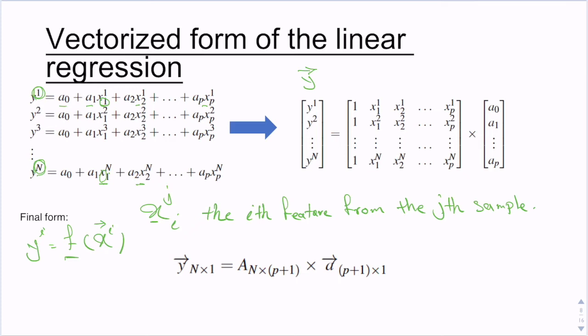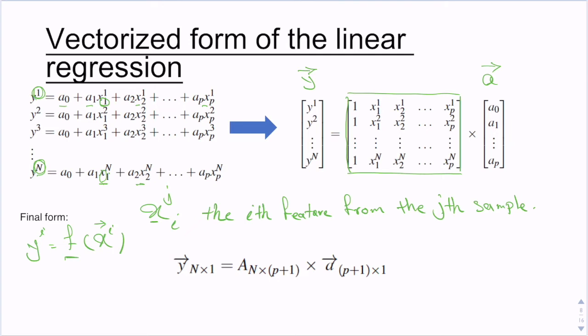Let's say I have n patients, I have 500 patients, and this one is called the independent matrix, or the feature space matrix. And this vector A is the coefficient vector.